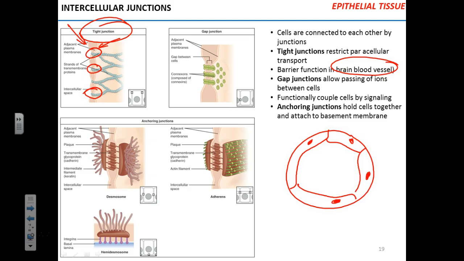So this is lumen, and those are epithelial cells. In the brain, cells are connected to each other by the tight junctions. Why do you think it is so important to establish such a tight barrier between the blood in the brain blood vessels and the brain tissue itself?